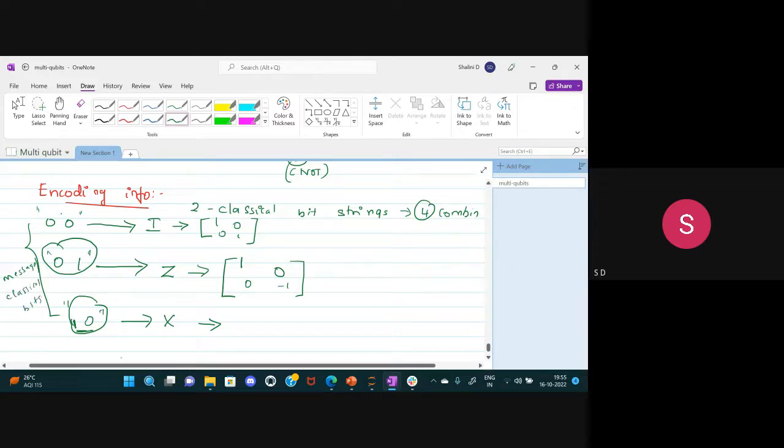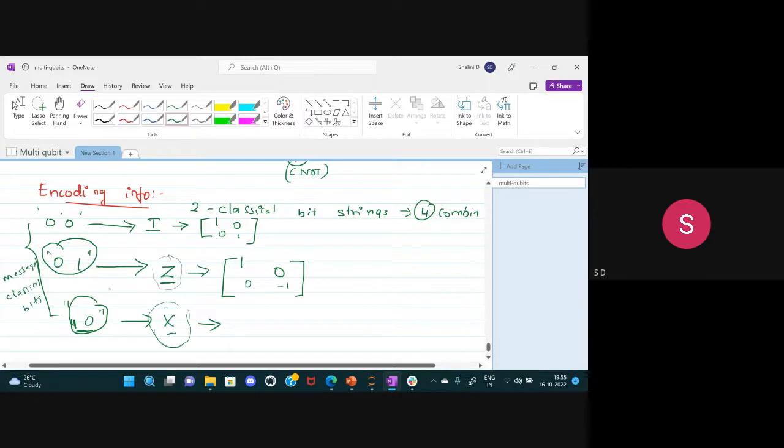I said we are sending two classical bits using one qubit. That one qubit is acted on by the X gate. If we send the 10 message, we are using the X gate. If we are sending the message 01, we are using the Z gate.